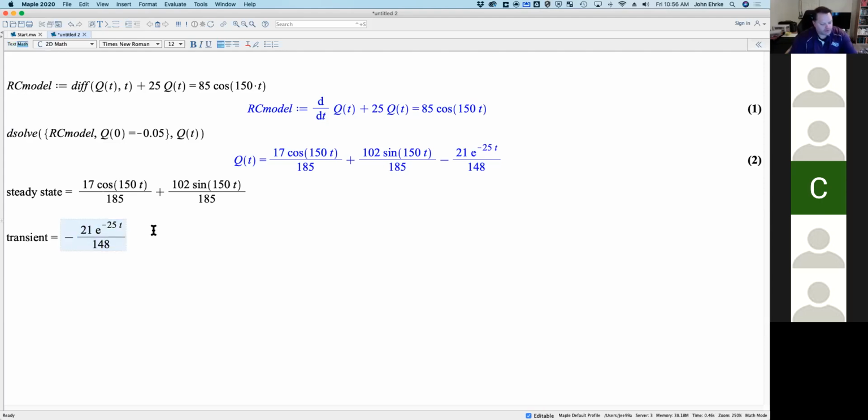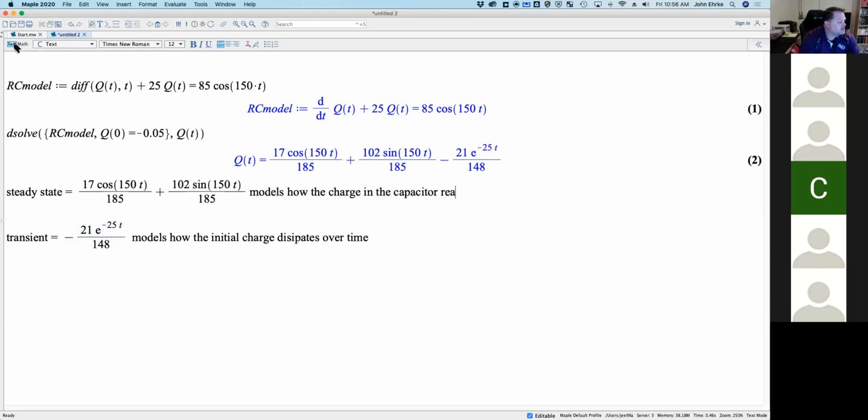Just to make sure we're okay with this, let me write it in. This models how the initial charge dissipates over time, whereas this models how the charge in the capacitor reaches a steady oscillation state eventually.